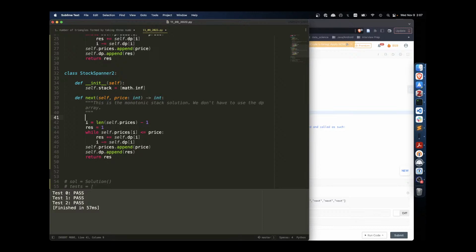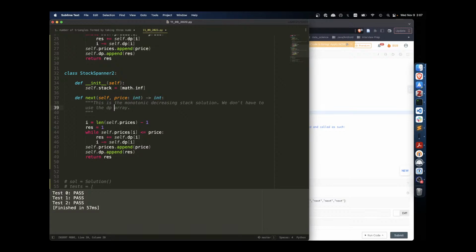So it's a monotonic decreasing stack. Okay, so now what?